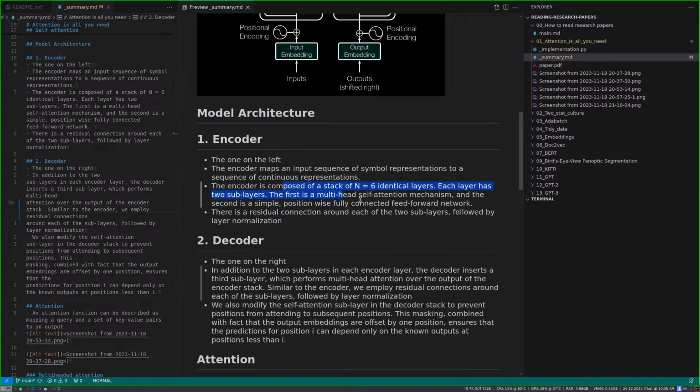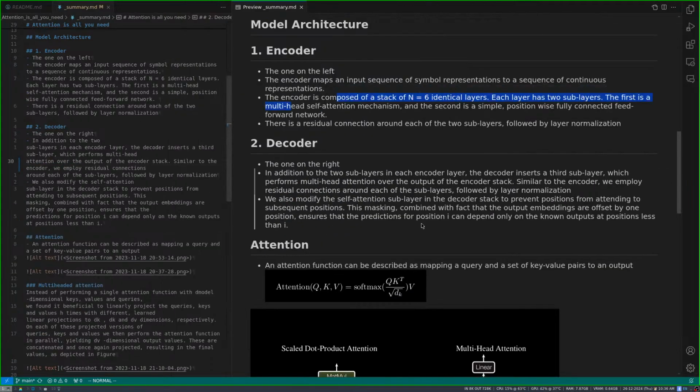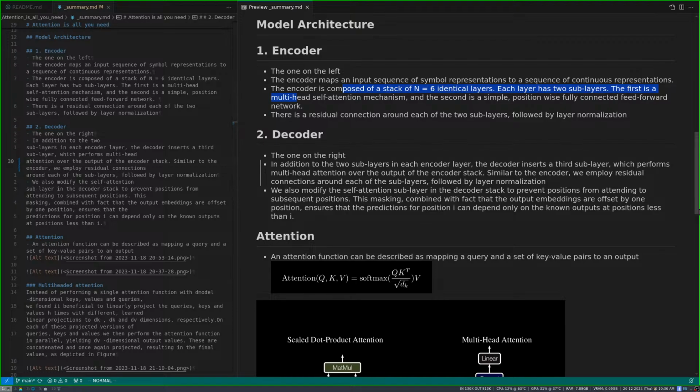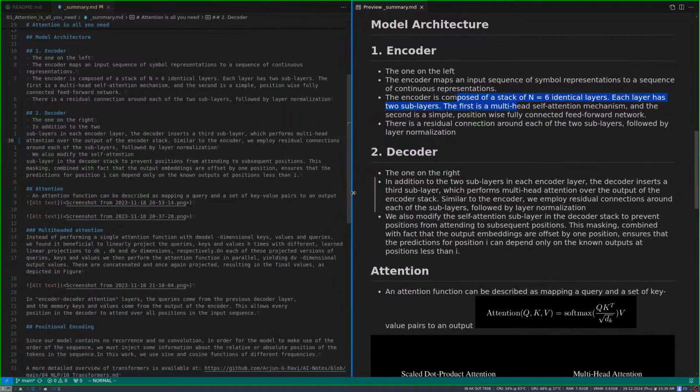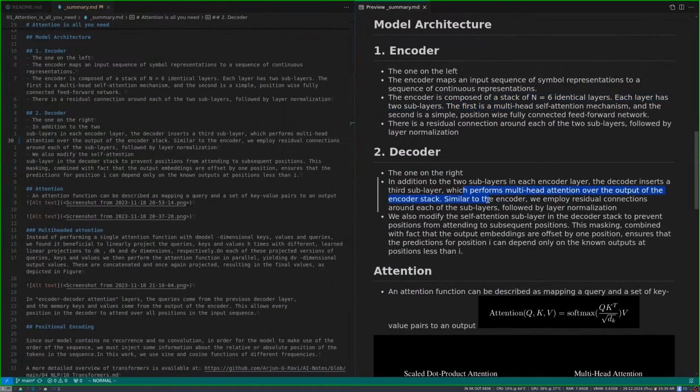As with the encoder, we employ residual connections. We also modify the self-attention sub-layer in the decoder stack to prevent positions from attending to subsequent positions.